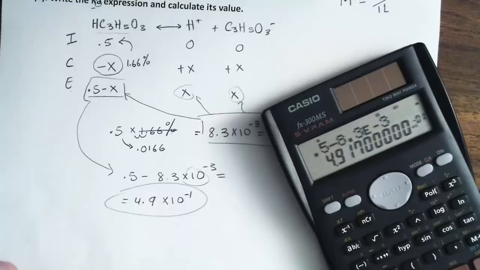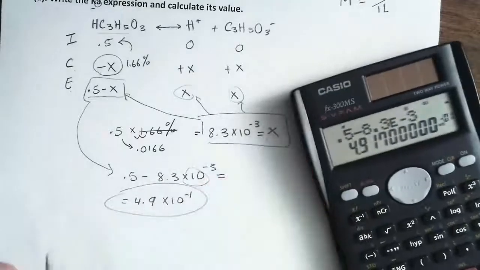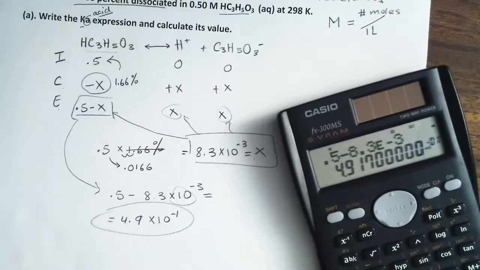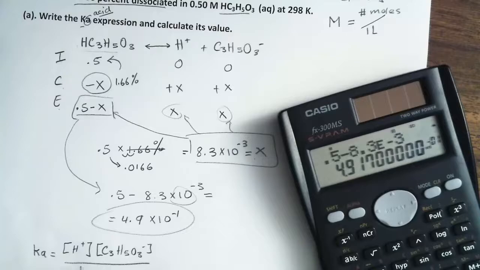And once we have that, we just plug into our equilibrium constant expression, which we know Ka is equal to H plus times the other product, the lactate ions, divided by the reactant, which is the lactic acid right there.